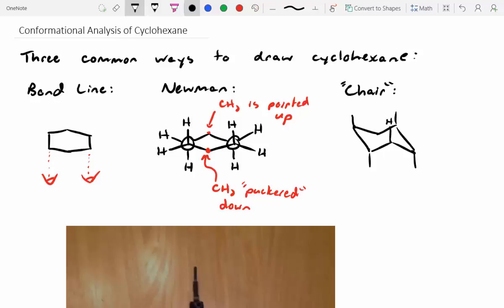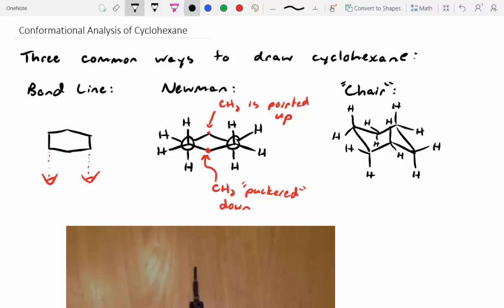We'll practice it a lot tomorrow. You guys all keep up? Let me actually make this a little bit smaller in the back. There we go. All right, so this is our chair.